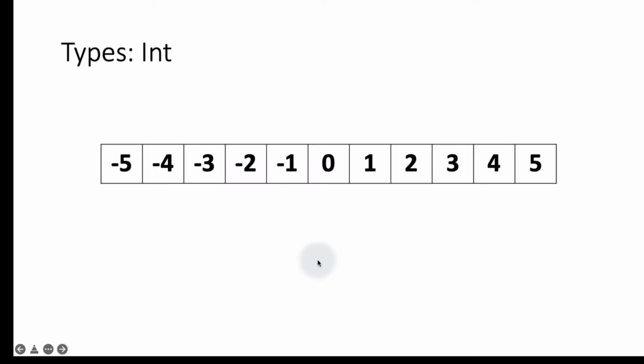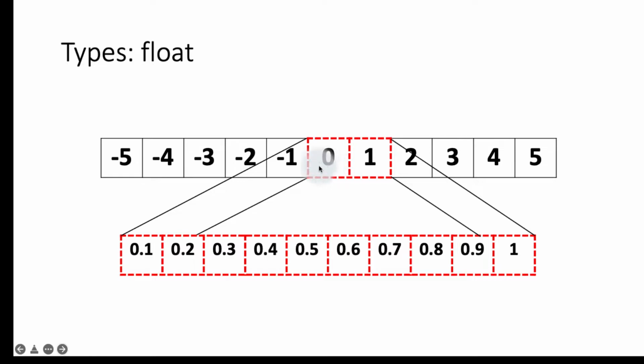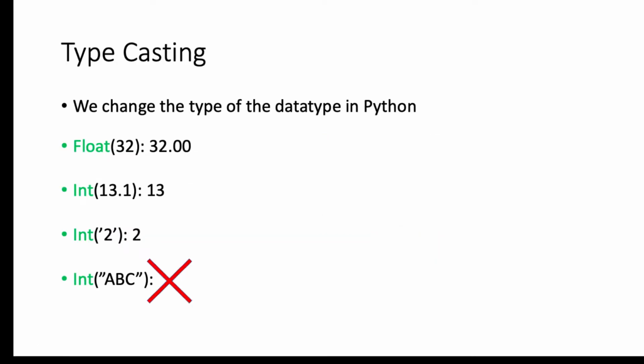Here are some integers. Integers can be negative or positive. Consider the number between 0 and 1. You can select numbers in between them. These numbers are float. You can change the type of expression in Python. This is called typecasting. You can convert an int to a float. For example, you can convert or cast the integer 32 to the float 32.00.